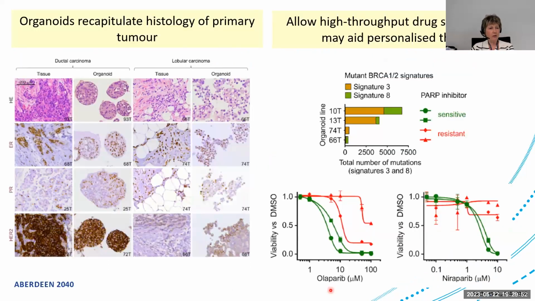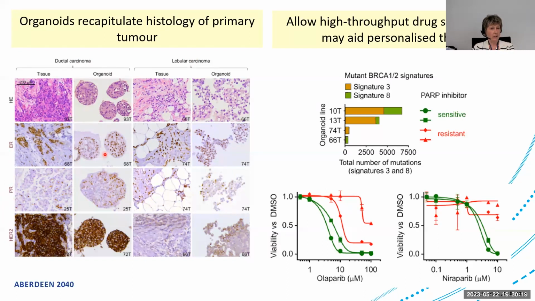And this group have also looked at the histology of the tissue from which the organoid was developed. So here's the tissue on the left and the organoid on the right. And this is from a ductal carcinoma or a lobular carcinoma. And this is the H&E histology, and then stained for the 3 biomarkers that are used for breast cancer diagnosis, so ER, PR, and HER2.